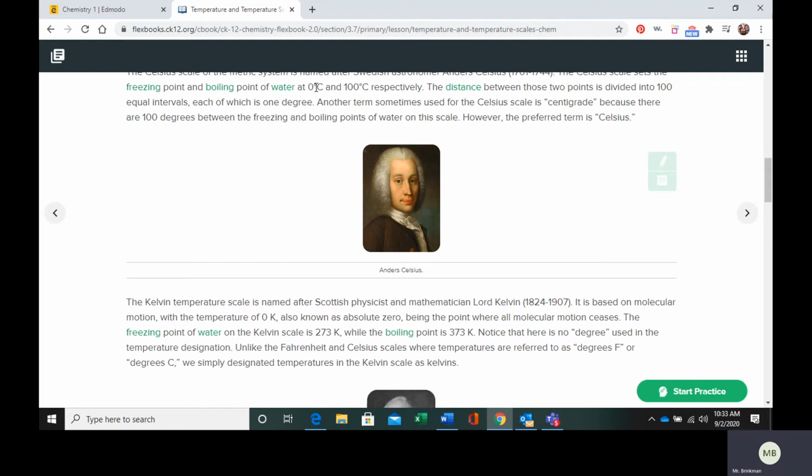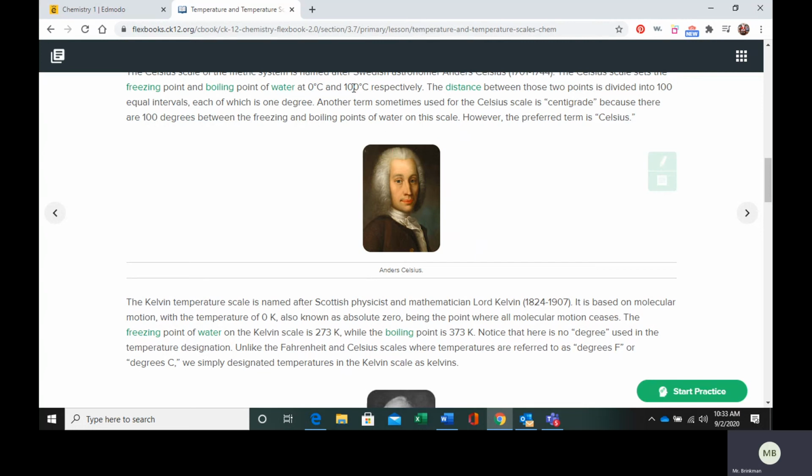So if you're going from Celsius to Kelvin, you add 273. If you're going from Kelvin to Celsius, you take your temperature in Kelvin and minus 273. 273 minus 273 is going to give you 0. 373 minus 273 is going to give you 100.